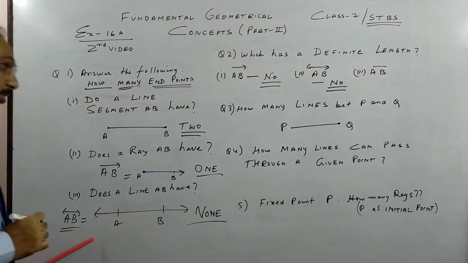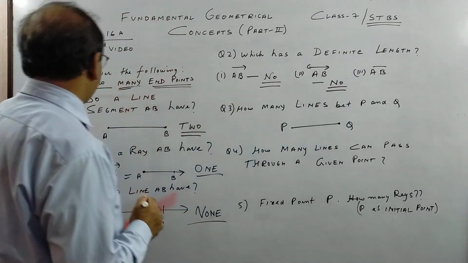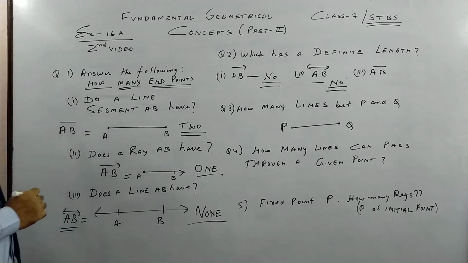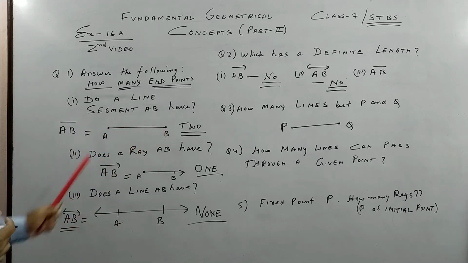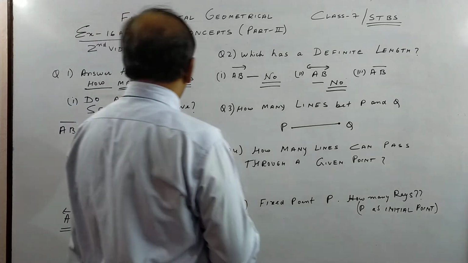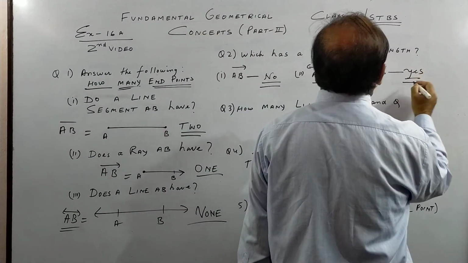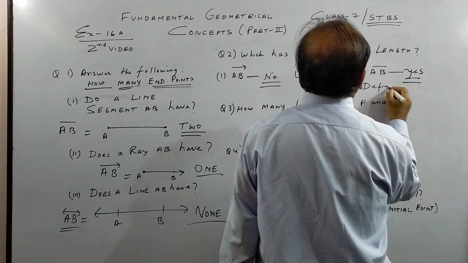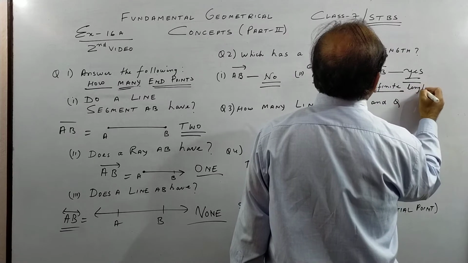This is how we represent a line segment, AB. In the first video I have shown you this. A line segment has a definite length. It has a definite end as well as length.